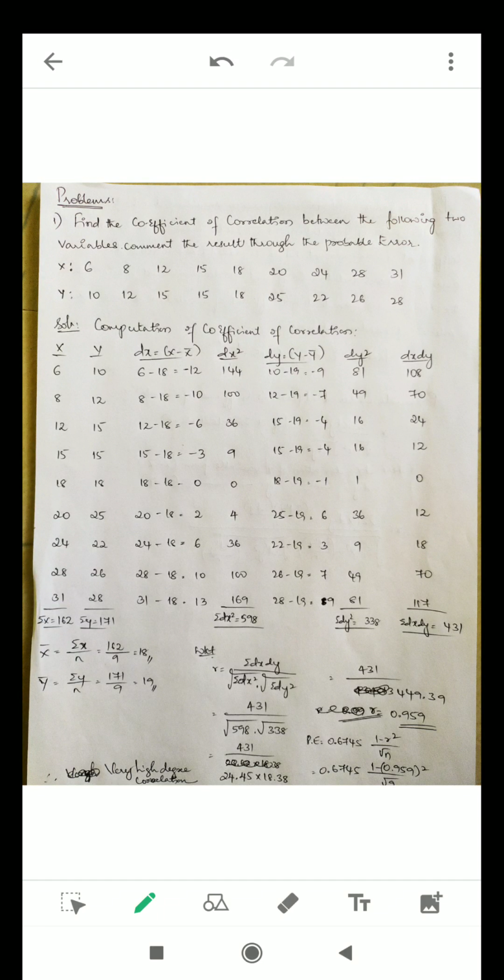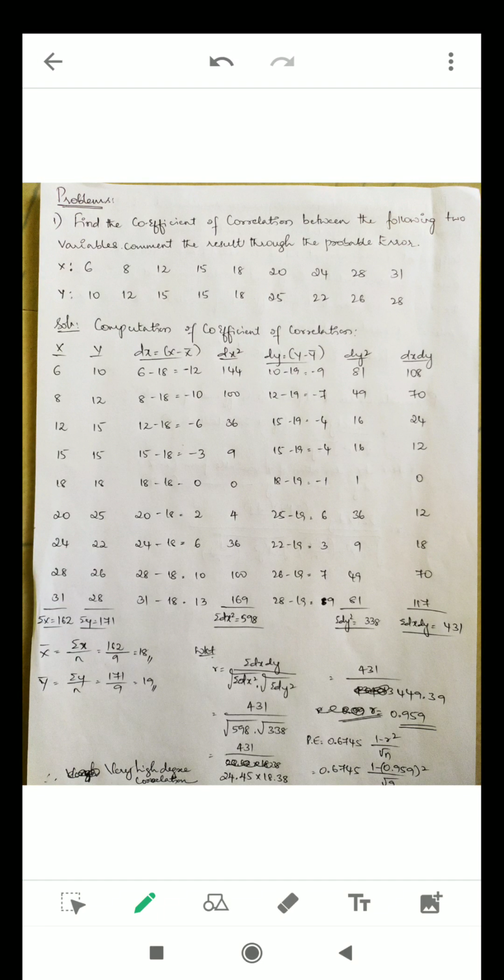So the next step is dx. To find dx, write down the step as dx is equal to x minus x bar. We know that we got 18 as the x bar value.